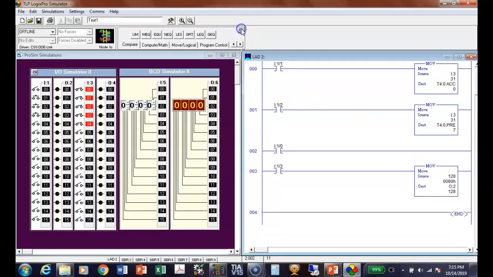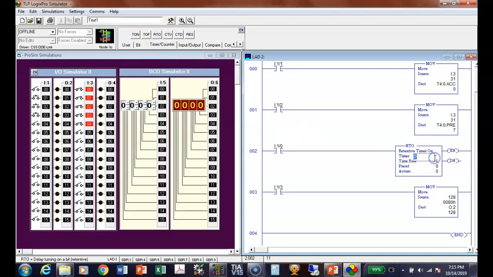And so what we'll do is change this to a retentive timer. So here's RTO, and we'll give it the same number, T4:0. And we'll set the preset through a move instruction.